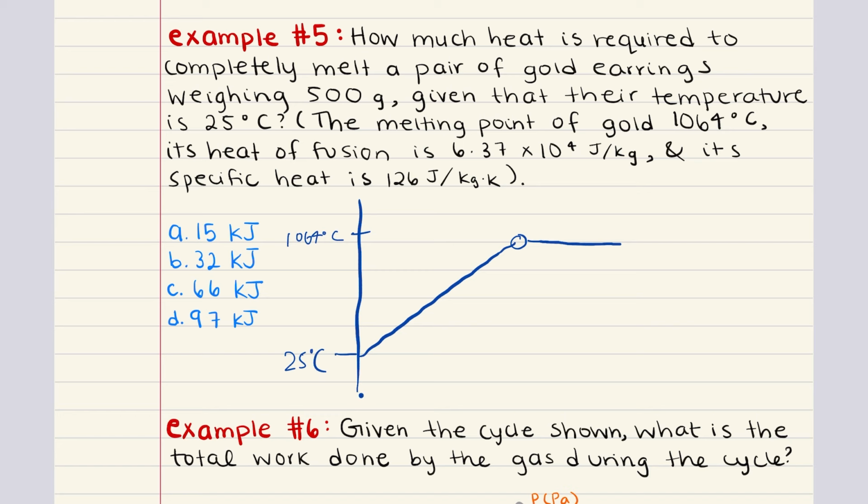So what we notice here is we have two different steps. The first step is going to require us to calculate the heat required to raise the temperature to the melting point. And the second step is going to involve us calculating the heat required to melt the gold.